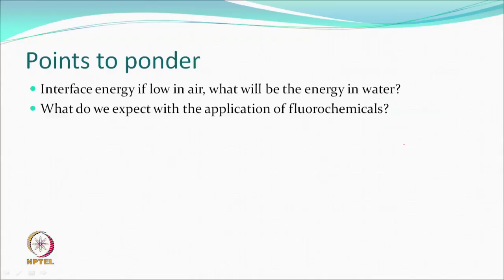One thing you have to remember: a very low surface energy in air means a very high surface energy in water. That is where the fluorochemicals had the problem. You have made the surface energy so low that they repel oil, they repel water, they repel everything, and so the detergent solution is also not able to do the job.